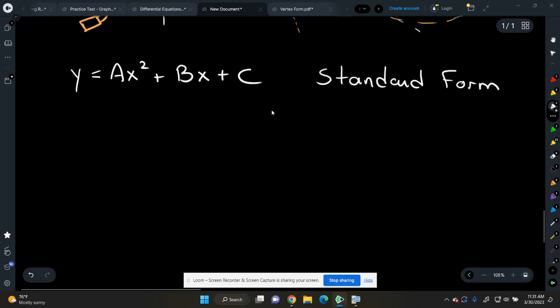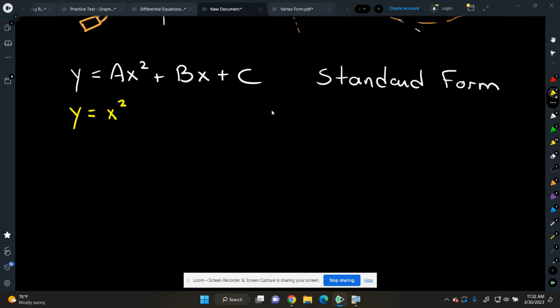So let's look at an example. I'll try and come up with some examples that don't have fractions involved. So let's do y equals x squared plus 6x plus 8.